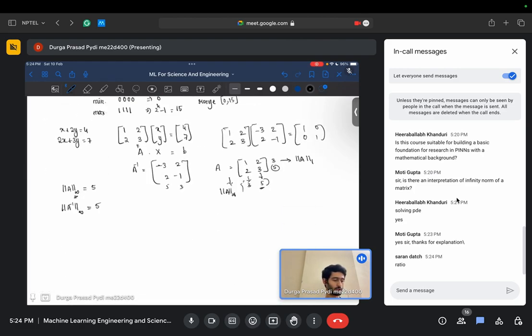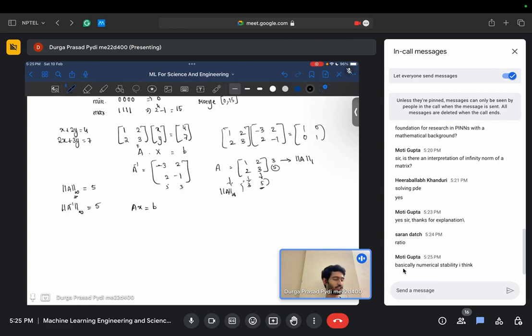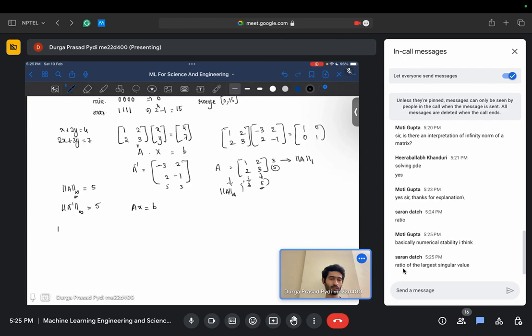Like, as we started out initially, if you have a set of equations that you want to solve, Ax equal to b, the condition number is a ratio of the largest singular value to that of the smallest one. You can define it that way.